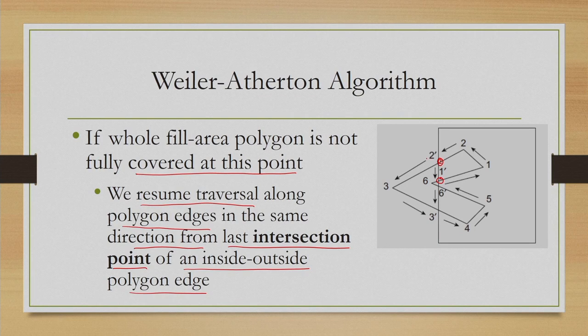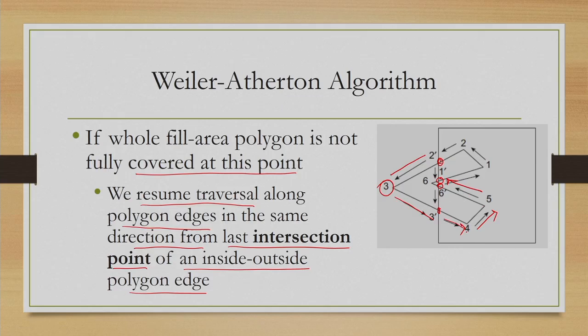So, here we traverse along this anti-clockwise direction to the vertex here. So, we traverse this edge, then this edge, but here as you can see there is an outside to inside crossing. So, we do not do anything, we keep on traversing this way, this way. Now, at this point we can see that one inside to outside crossing is there.